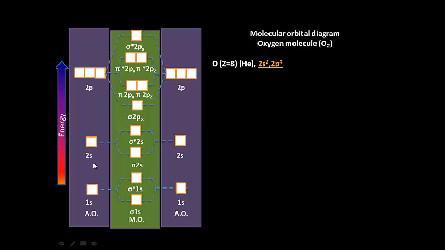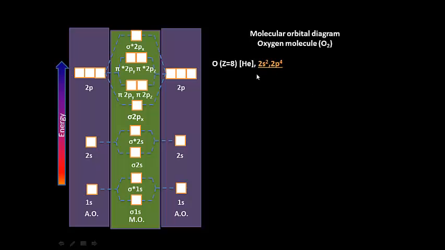Since 1s and 2s orbitals are spherically symmetrical and the 2px orbital is along the x-axis, they form an axial bond, while 2py and 2pz, which are along the y and z axes respectively, form a pi bond.